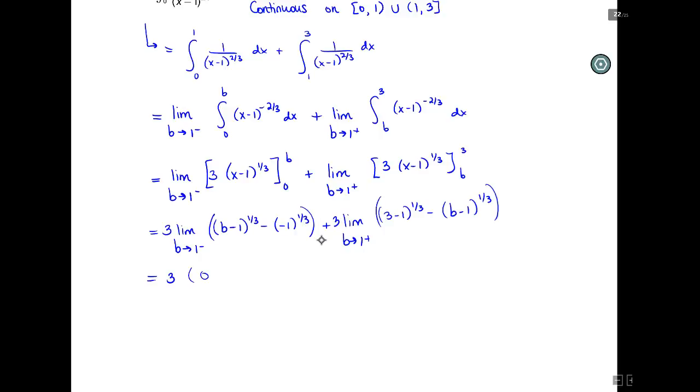So I have 0 minus negative 1, so it's going to become plus 1, plus 3. And then here we get 2 to the 1/3, or cube root of 2. And then this whole thing is going to go to 0. So we get 3 plus 3 cube root 2.